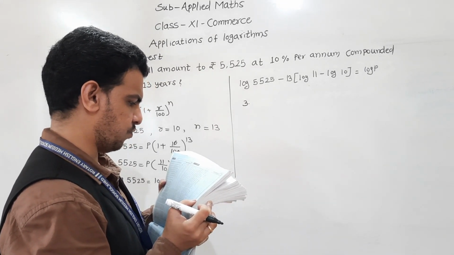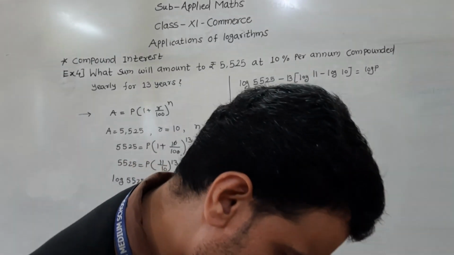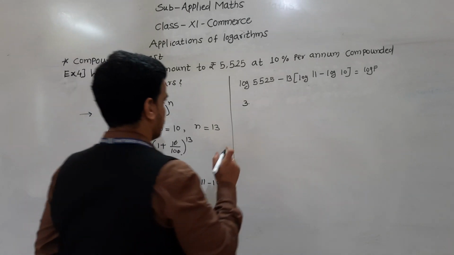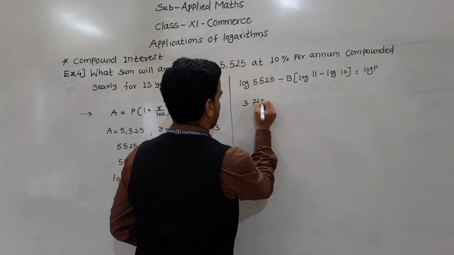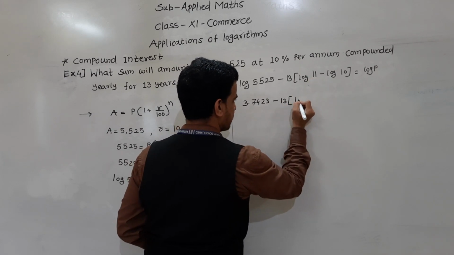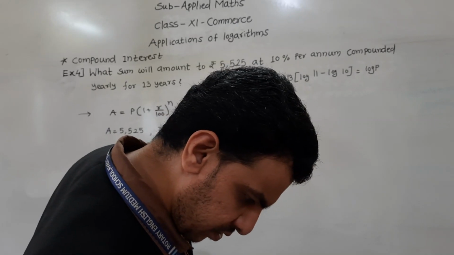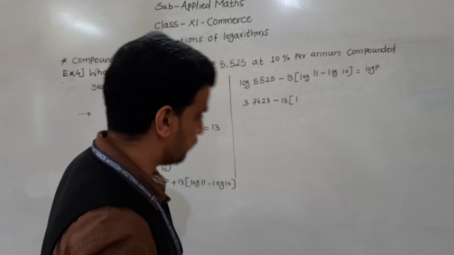So 7419 plus 4, it is 7423. 7423 minus 13 into log of 11, its characteristic is 1.0414.